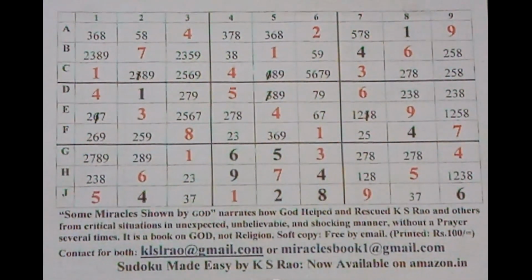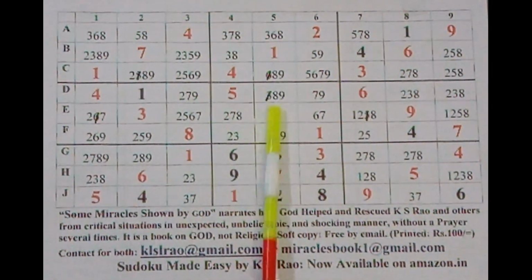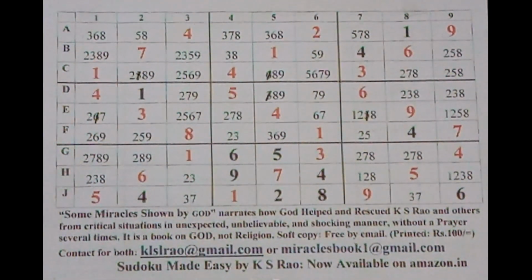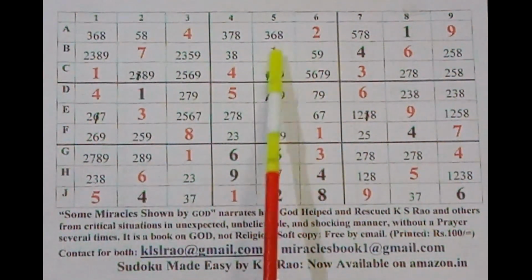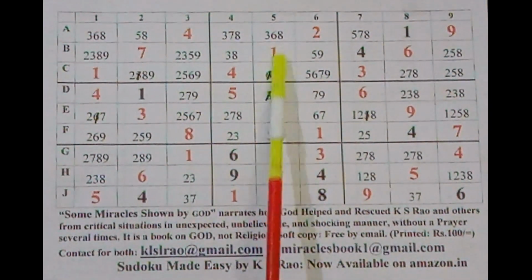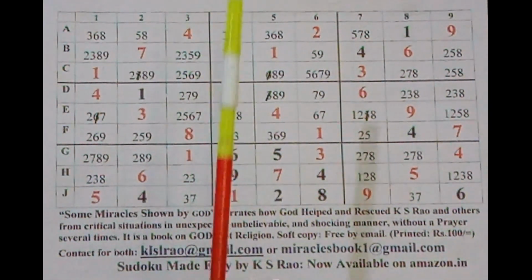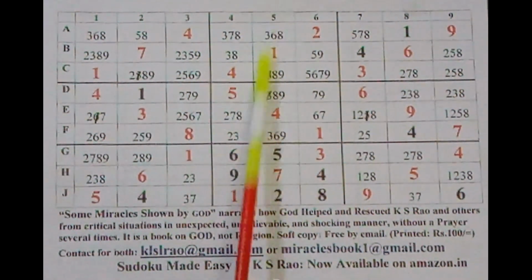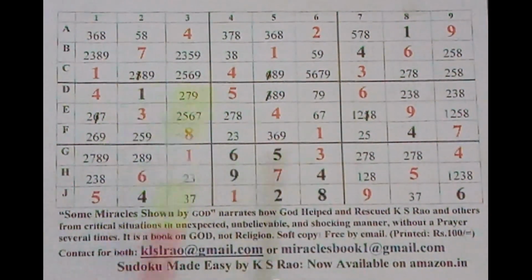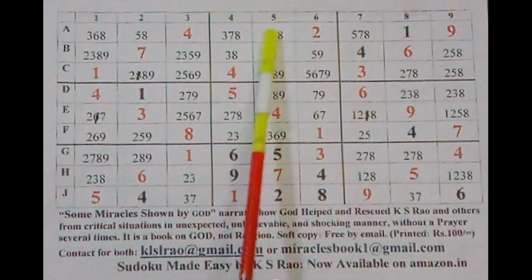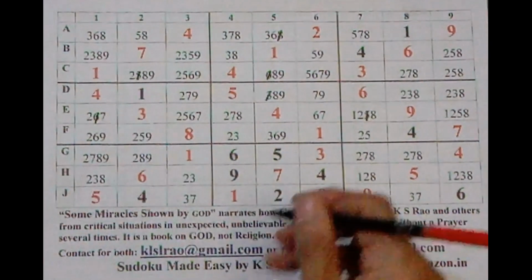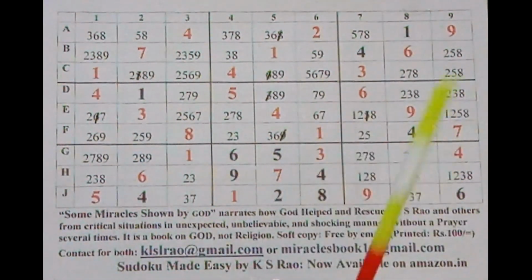After applying 2 X rings, we find a pair of 8 and 9 here in column number 5. Okay, have a look. This 8 and 9 being a pair permits us to delete these 2 numbers in the rest of this column number 5. Therefore, let us delete this 8 here. This 8 goes there and this 9 also goes.